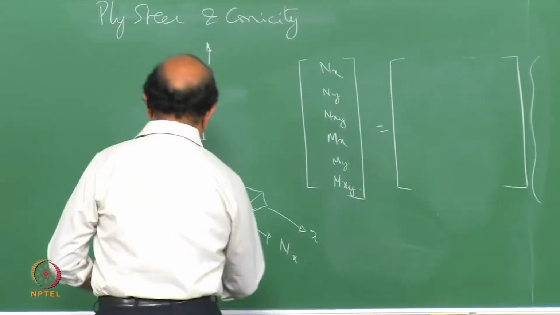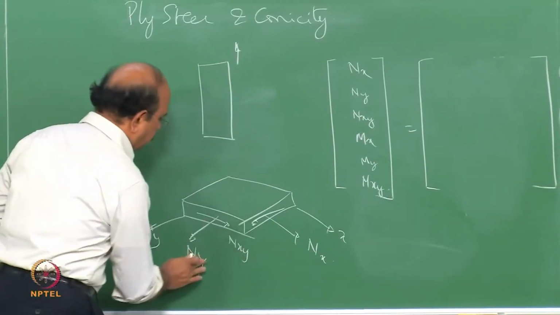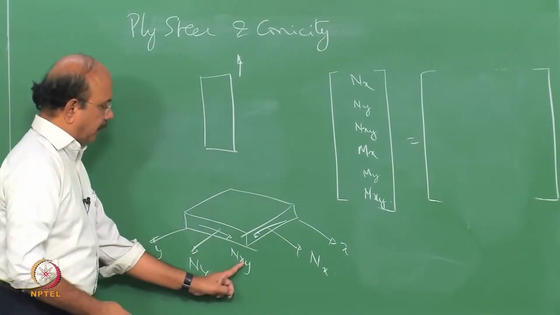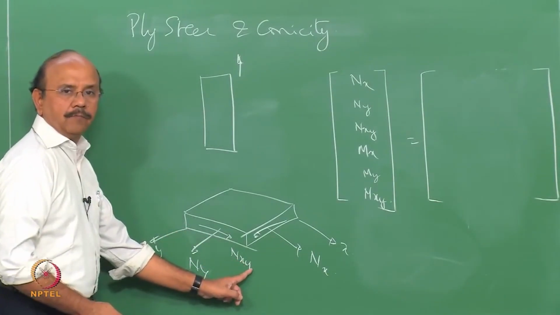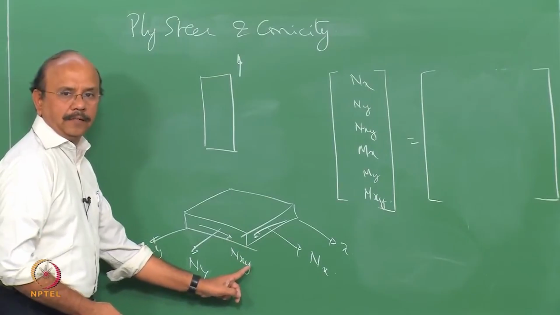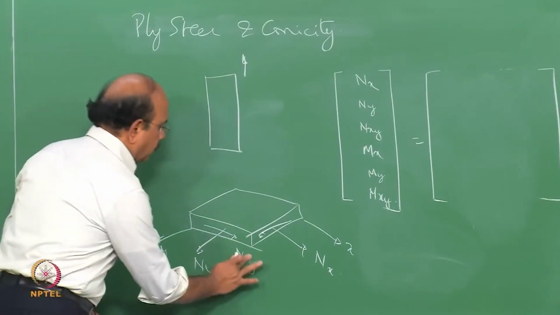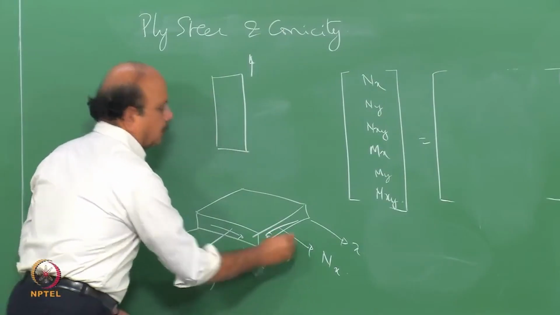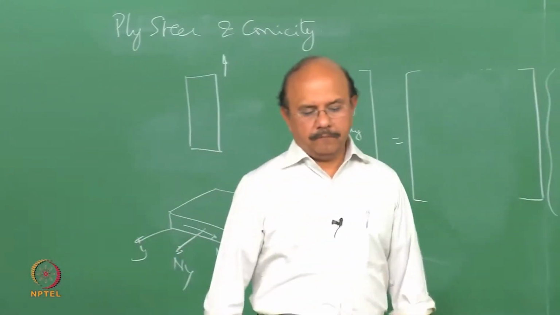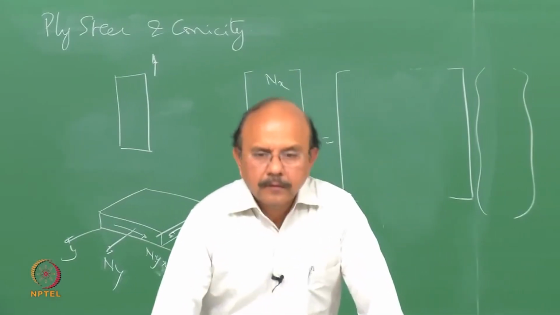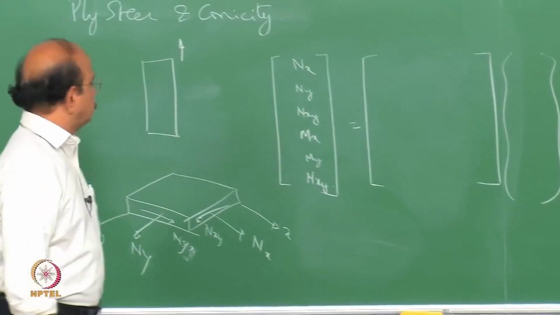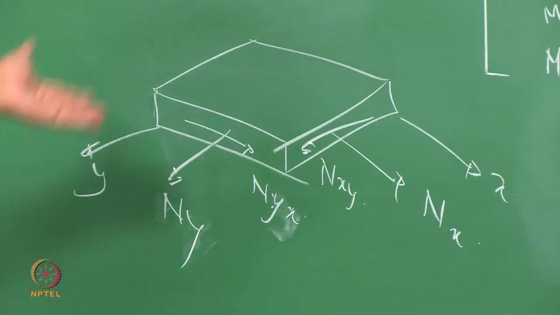In other words, y, x is the plane, y is the direction, so this becomes nyx, plane, direction, and nxy. We know that nxy should be equal to nyx and so on.